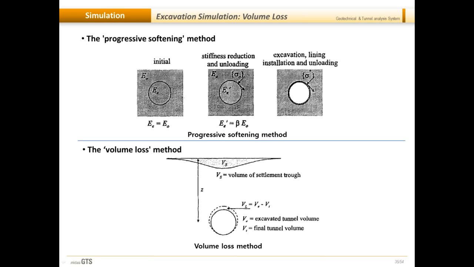The fourth and the most common approach is called volume loss method, where engineers don't work with modulus of elasticity, they don't work with stresses. They directly apply that this much should be the volume strain or the volume loss that will occur in the tunnel.